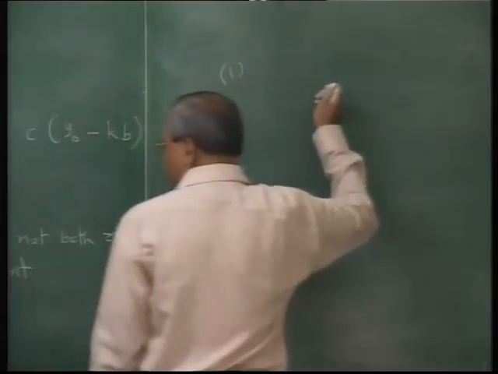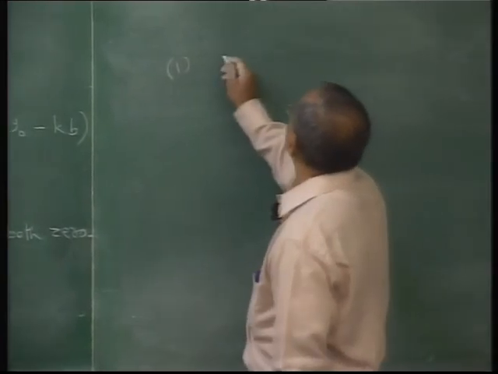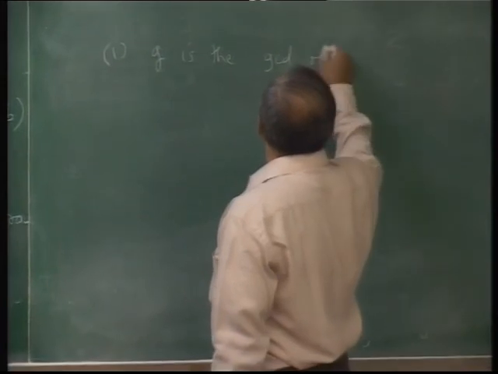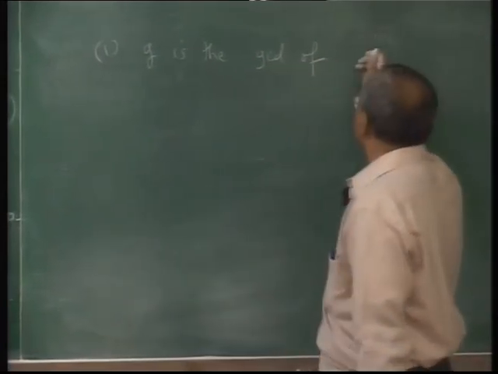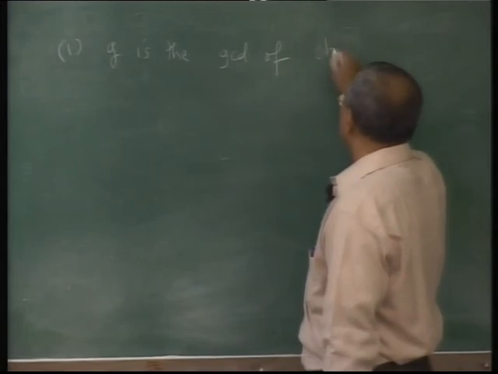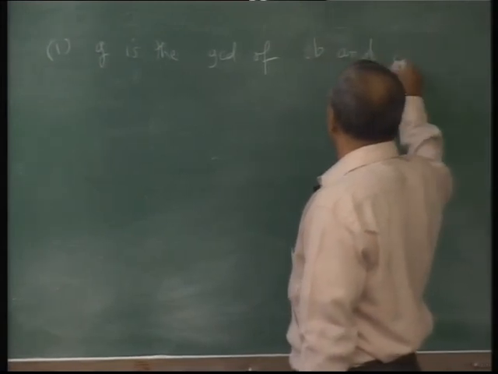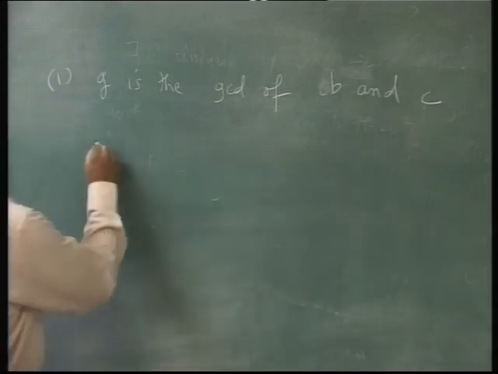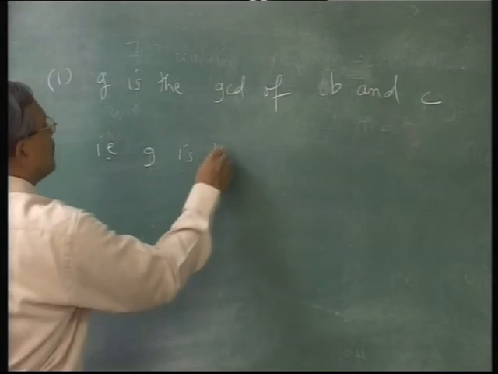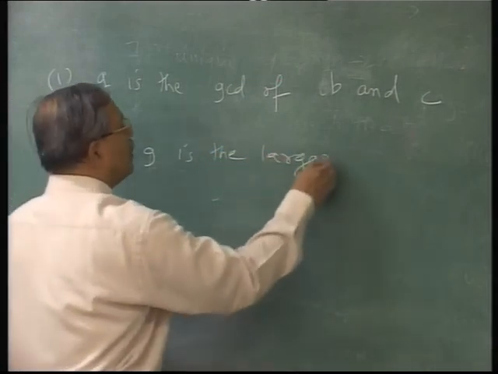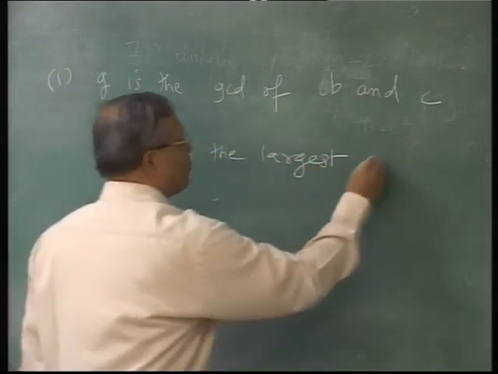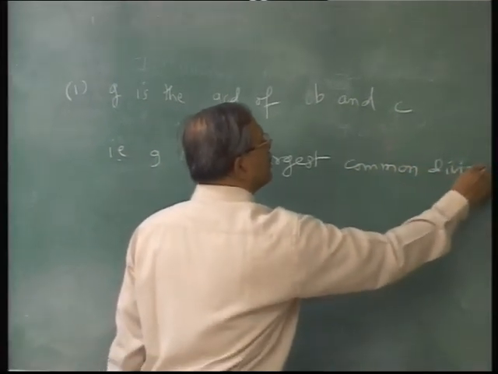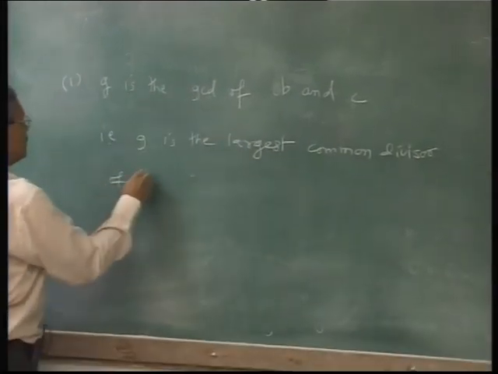One, G is the GCD of the numbers B and C. That means it's a common divisor, that is G is the largest common divisor of B and C.